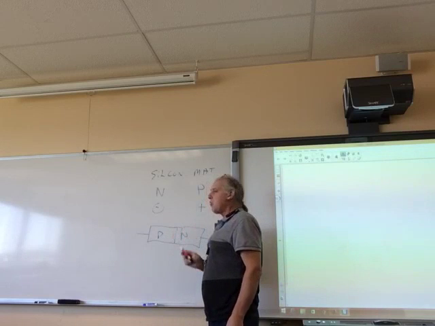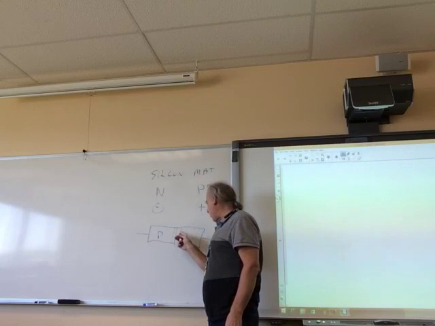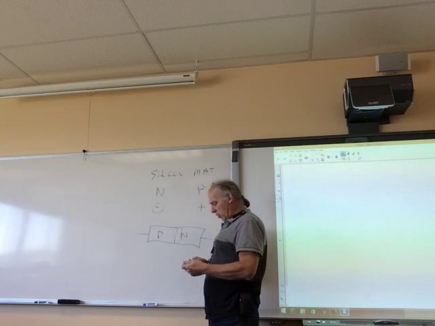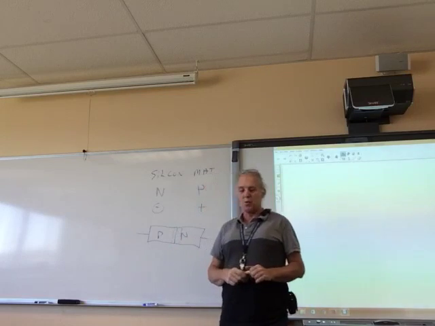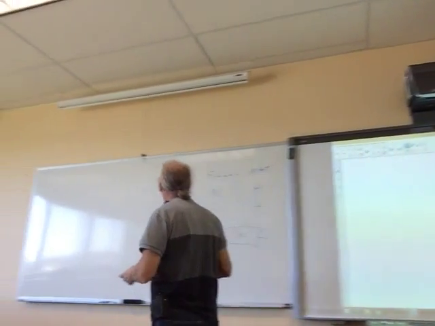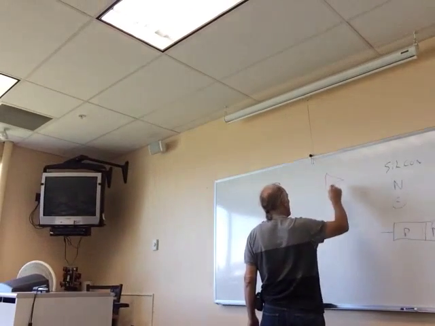This right here will be where the electrons stack up on one side and the positive empty holes on the other side. We're going to have to bias that particular junction. Before we do that, let's go ahead and look at what this looks like in a schematic.